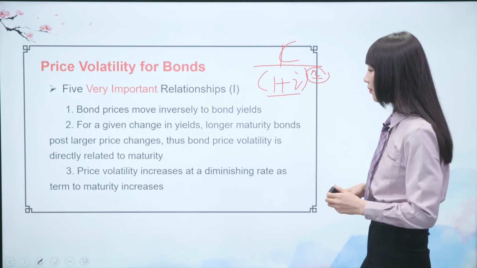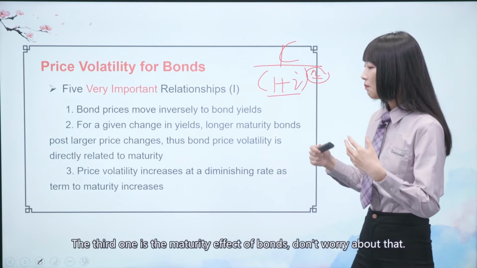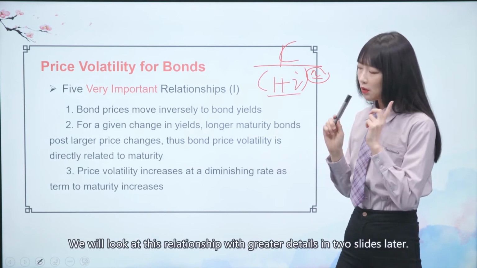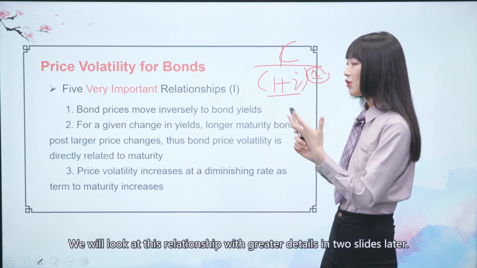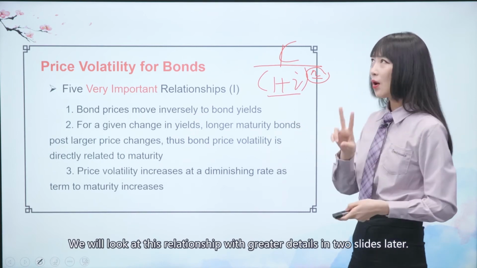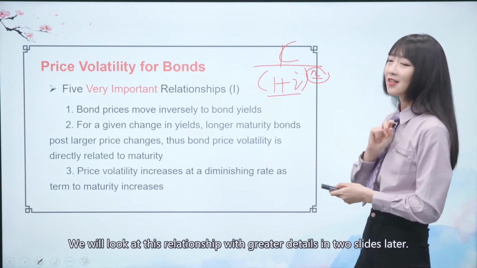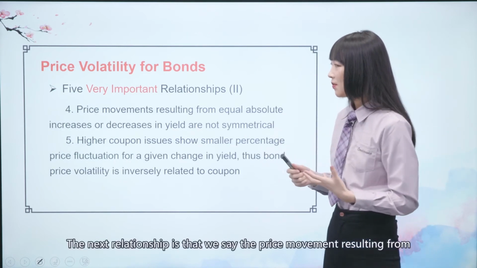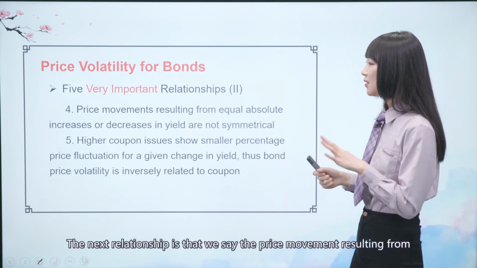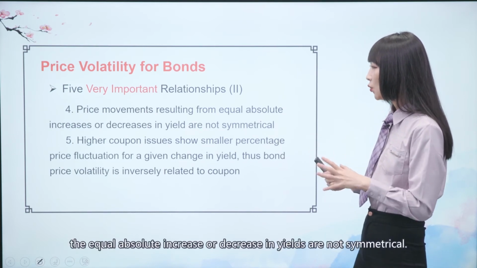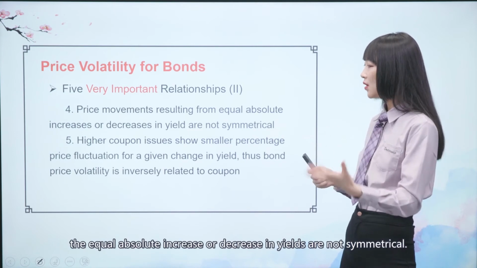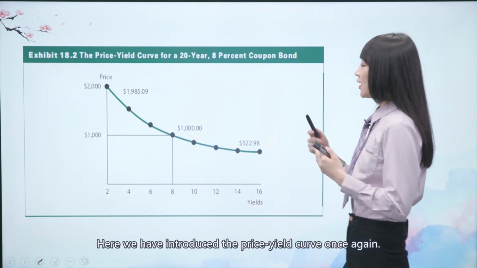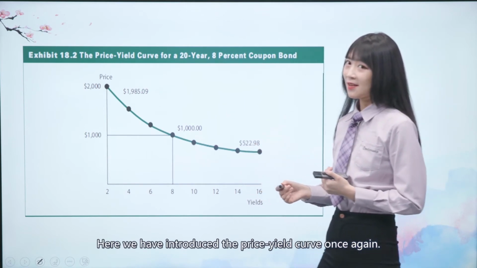Now, the third one is the maturity effect of bonds. Don't worry about that. We will look at this relationship in greater detail two slides later. Now, the next relationship is that the price movements resulting from an equal absolute increase or decrease in yields are not symmetrical. Here we have introduced the price-yield curve once again.